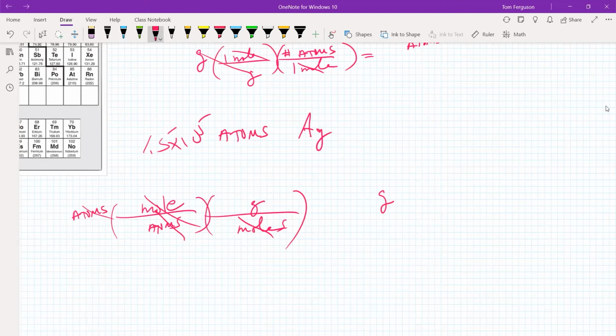This is standard for all chemicals: if we're counting in moles, it will be 6.02 times 10 to the 23rd. All chemicals, no exceptions.